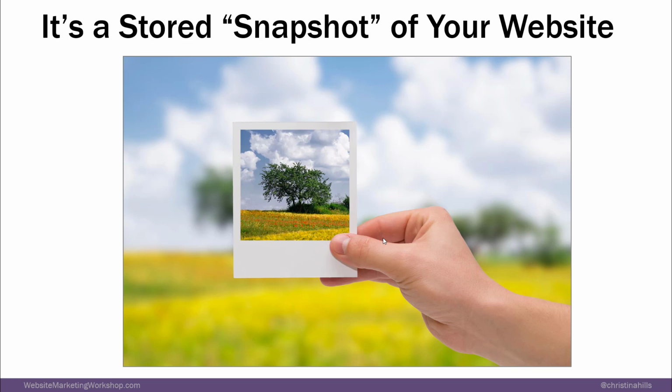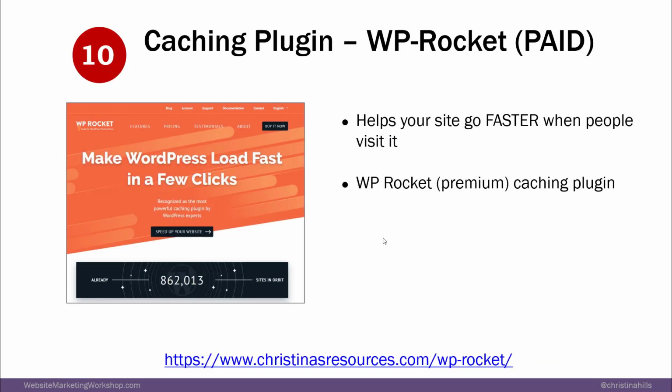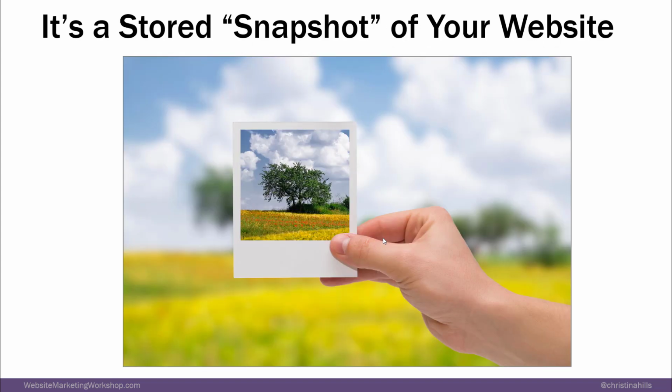When you get a caching plugin, and there are lots of different caching plugins, it basically takes these behind-the-scenes snapshots of your site. So when somebody visits it, the plugin is like, oh, the site hasn't changed, so I'm just going to deliver the picture of it. Right? It's a little esoteric, but I think this picture really explains it.